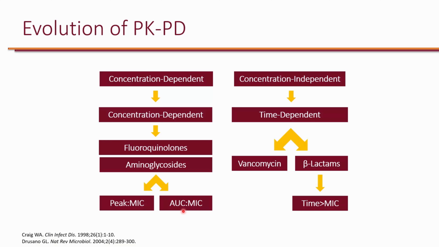But this AUC to MIC is also used for vancomycin. So generally speaking, peak to MIC ratio is used for concentration dependent, and time above MIC is used for time dependent. And then AUC to MIC, it just depends. For some antibiotics, AUC to MIC means concentration dependent, and for some antibiotics such as vancomycin, it means time dependent.